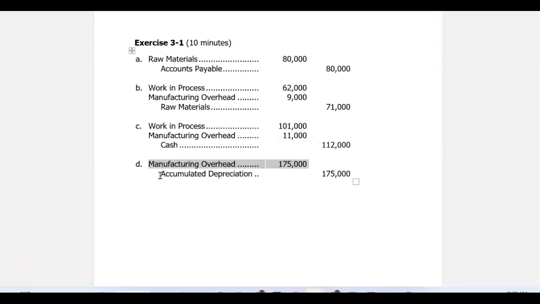So accumulated depreciation will be credited, but instead of debiting depreciation expense, because it's in the factory environment and it's factory equipment, we recognize it as manufacturing overhead. However, if you have, let's say, an office area with office equipment depreciation, then you record it as depreciation expense dash office equipment. That's a debit. But here we debit manufacturing overhead because it's factory.